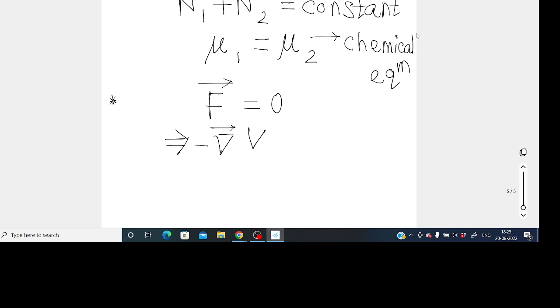So let's write it as U. The gradient of this potential gives you the force. So grad U is equal to 0 at mechanical equilibrium.